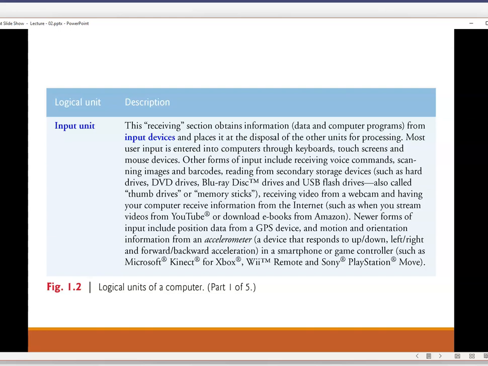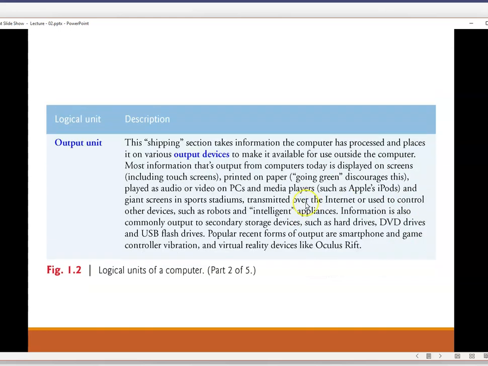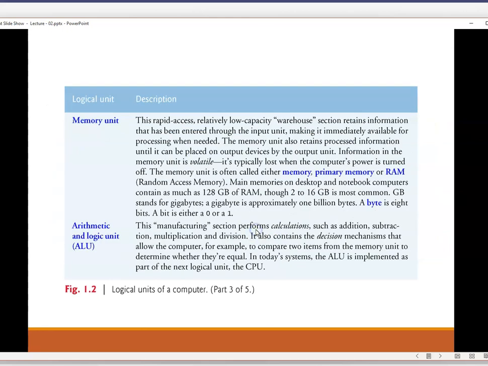On phones, you have them too. Face ID, all sorts of things like that. Anything pulling information in. The output unit is how to get the stuff out the door. You've got monitors, printers, sound, all sorts of things. Various personal assistant devices, Google Play, for example. They basically take information and put it out the door in the appropriate format.